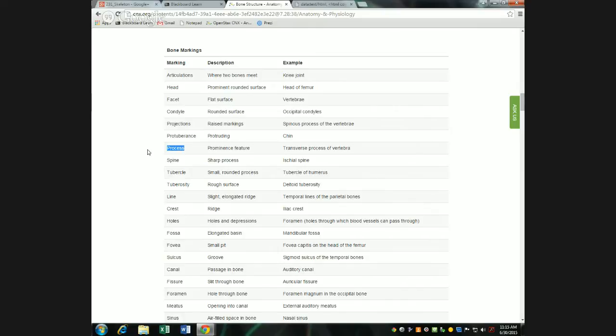And then the next page is the appendicular skeleton, which is the bones of the arms and legs, along with the shoulder and hip structures. And then I added into this, the last piece of paper, front and back, is a more extensive table, kind of like this one in the book that's on the screen now, with bone markings.